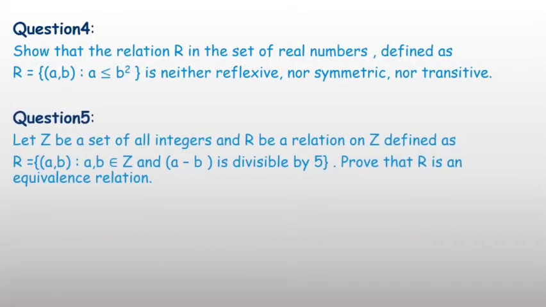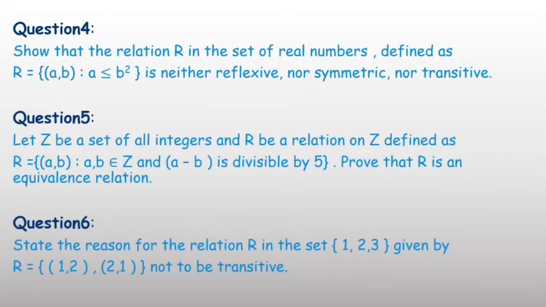Similarly, question numbers 4, 5 and 6 also have to be solved. In question number 4, ordered pair (a, b), a is less than or equal to b square. You have to check whether it is reflexive or not, for the set of all real numbers.